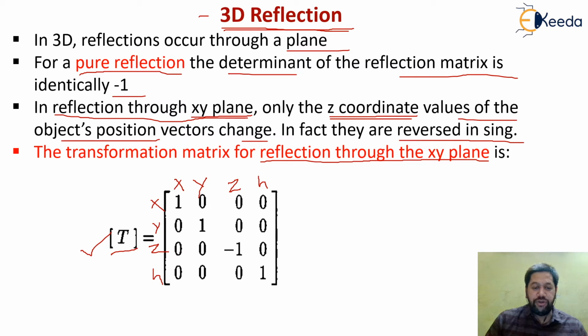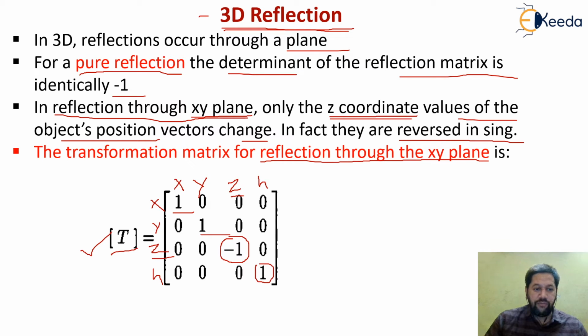So the x value is 1, the y value is 1, and the z value is -1, because I reverse the sign of z, and the h value is 1. In the reflection transformation matrix, the first diagonal term is 1, the second diagonal term is 1, the z row and column term is -1, the last diagonal term is 1, and all remaining terms are 0.